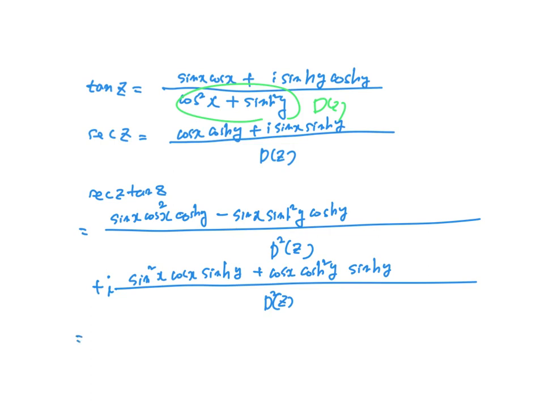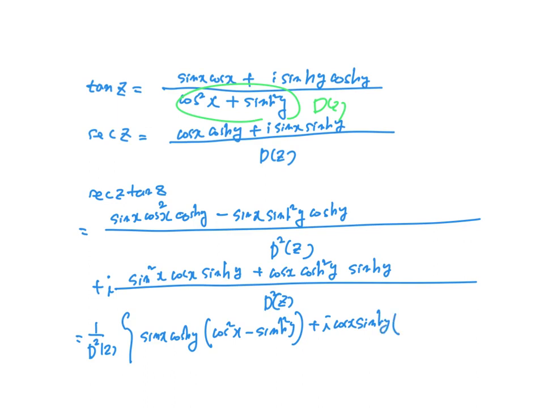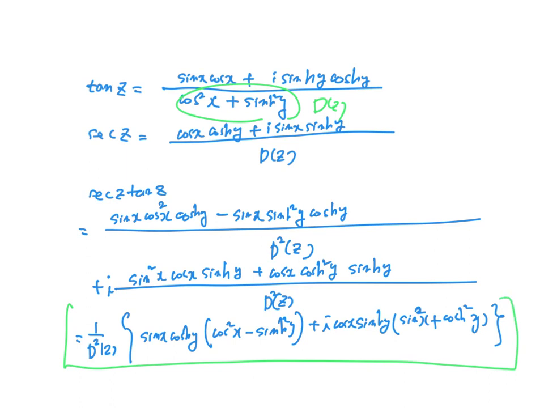So we can put them together as 1 over d squared z, and the common factor is sine x and cosine hyperbolic y, and cosine squared x minus sine hyperbolic squared y, plus i cosine x sine hyperbolic y and sine squared x plus cosine hyperbolic squared y. So that's your secant z derivative.